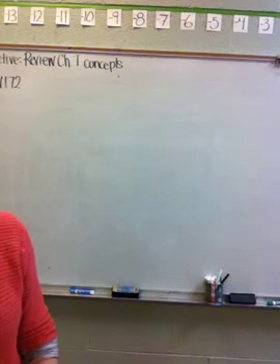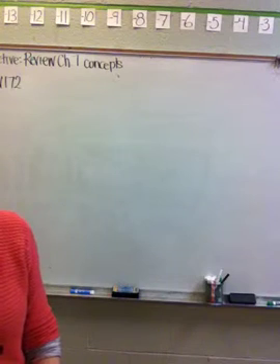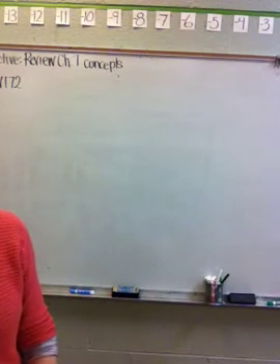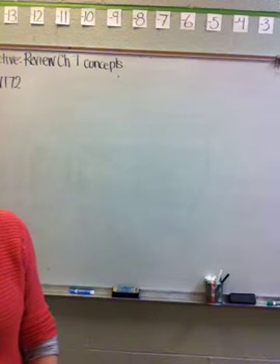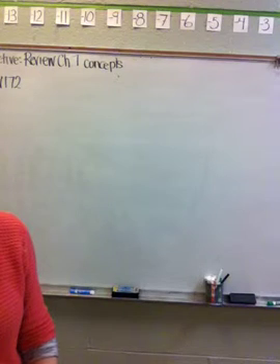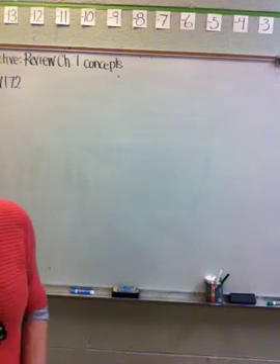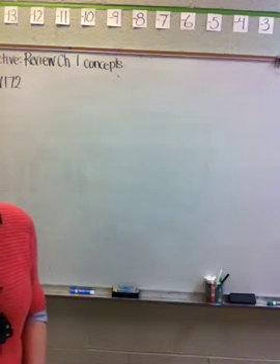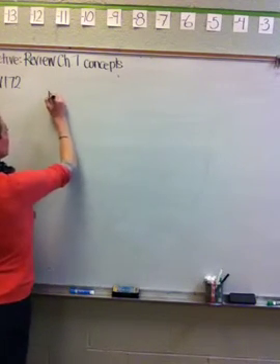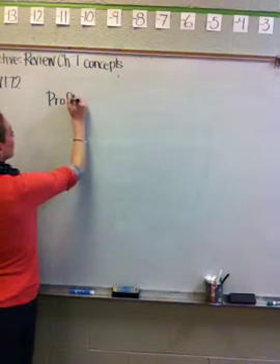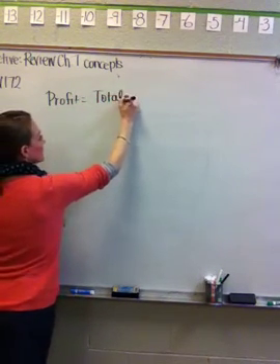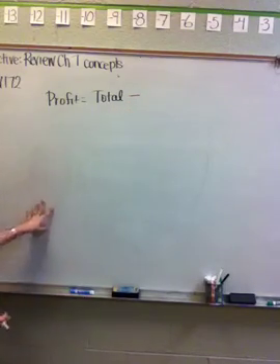If Edna's costs were $16,800, how much profit did Edna make, and what was the percent of the profit? So what do you need to find first? The change, the difference. Yes. So I need to find the profit, right? My profit is my total minus my expenditures.